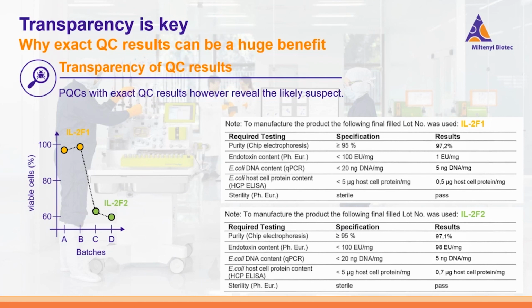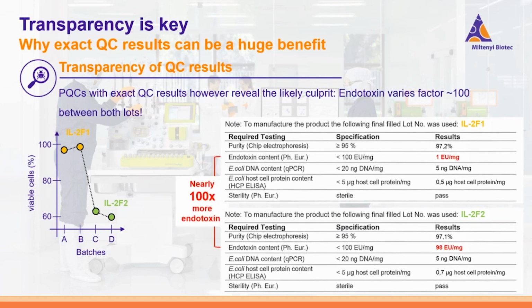Because if you look at the numbers now, you would realize that the second batch of IL-2, used to manufacture the cell therapy batches with the problems, contains nearly 100 times more endotoxin than the first batch. So while both batches are very well within their defined specifications, the endotoxin content varies by more than 100%. And obviously, this is something that you, as a manufacturer of cell therapy, should know.